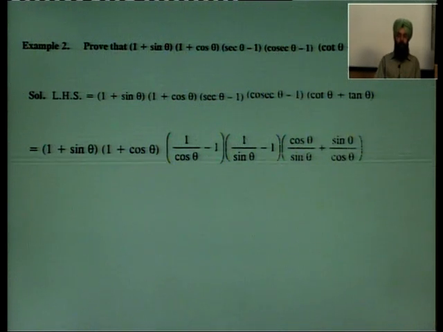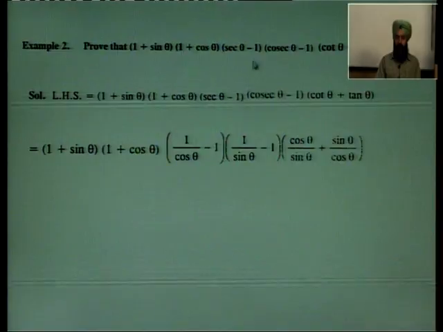So, we write secant theta as 1 over cos theta, cosecant theta as 1 over sine theta, cot theta as cos theta over sine theta, and tan theta as sine theta over cos theta. In the next step we take LCM as cos theta, sine theta, and sine theta cos theta.